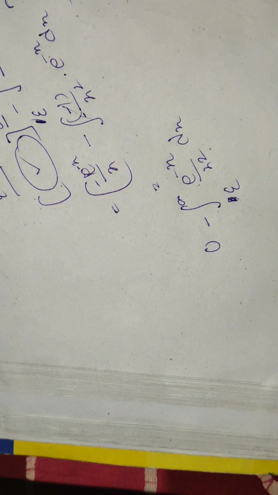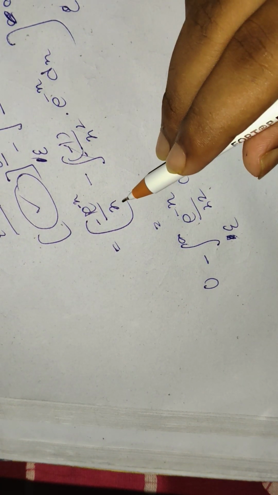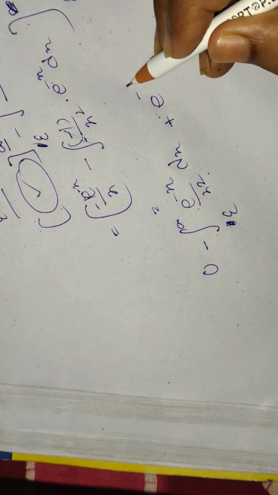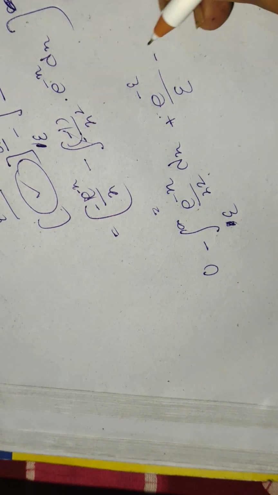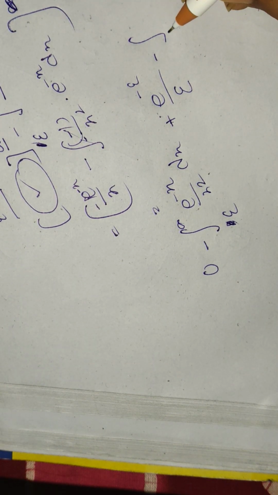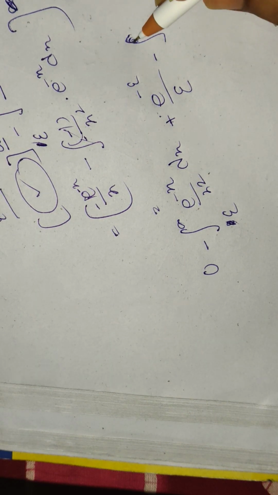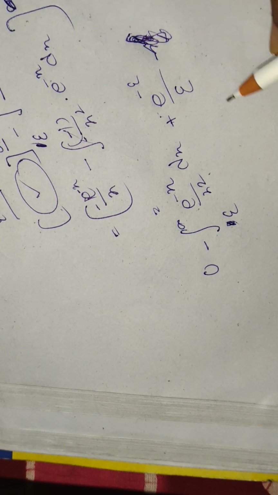So when we put the lower limit, which is epsilon, we will see this is nothing but plus e to the power minus epsilon by epsilon minus, sorry, sorry for a mistake.